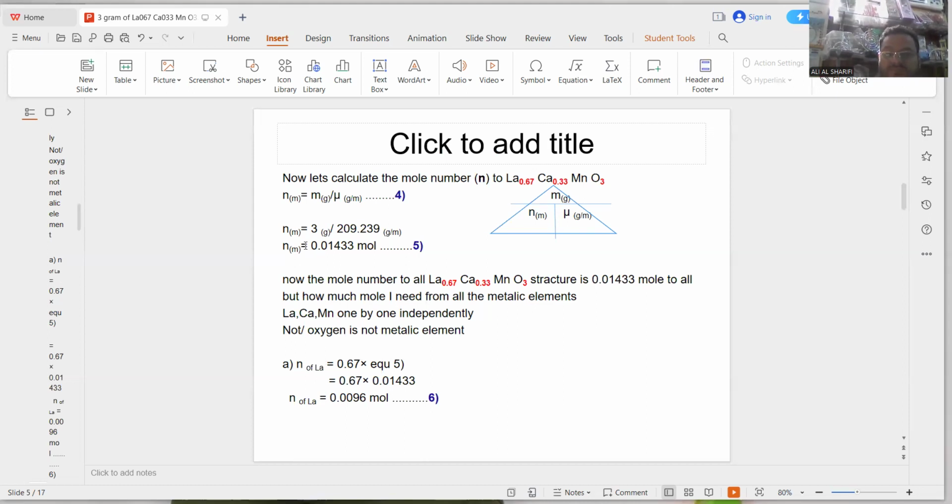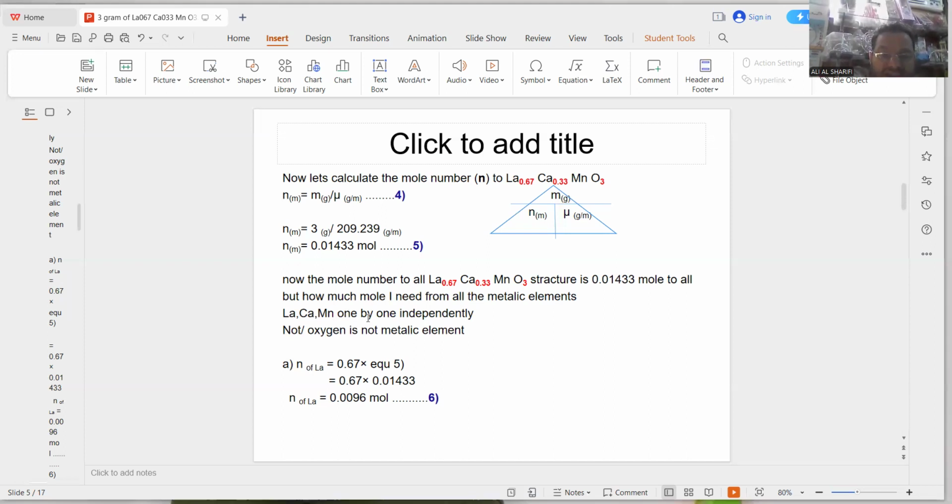That means mass divided by molecular weight to get 0.01433 mole. The mole number of the whole structure is 0.01433 mole.